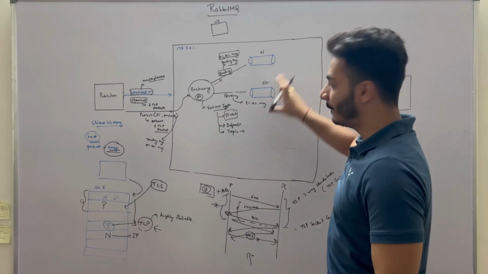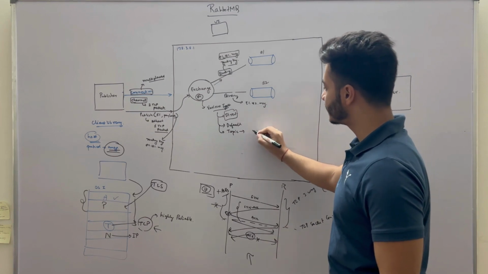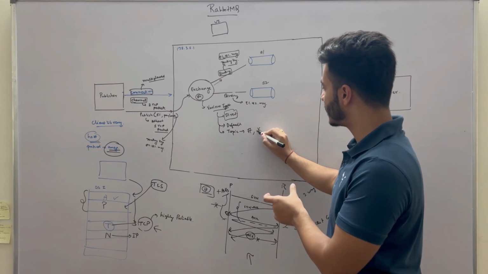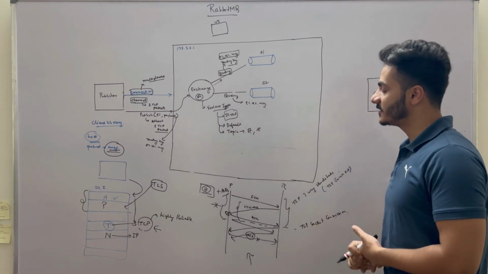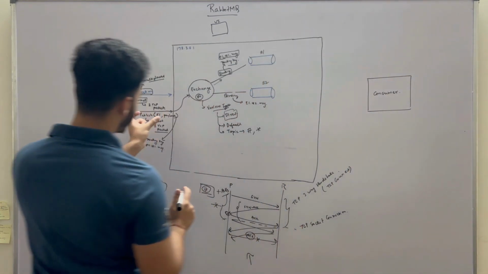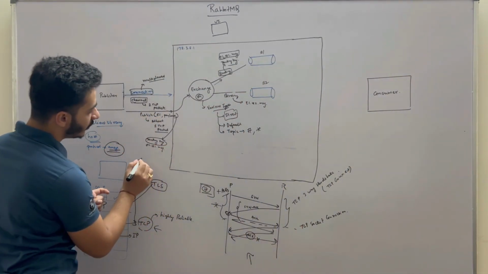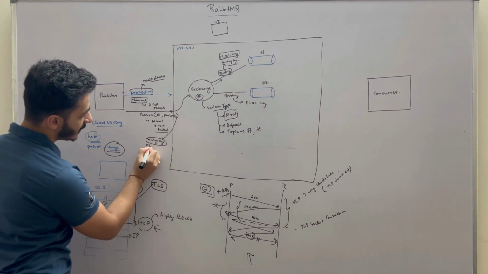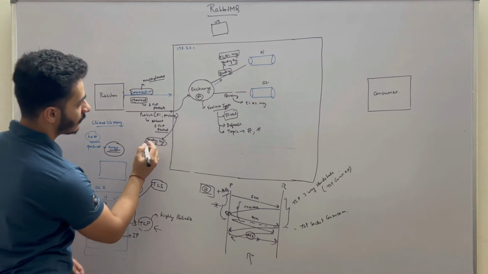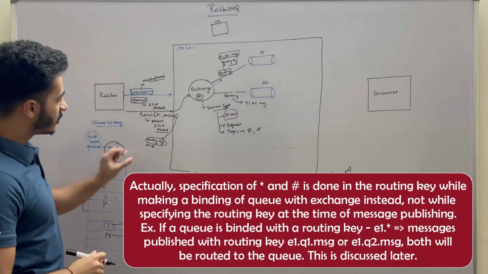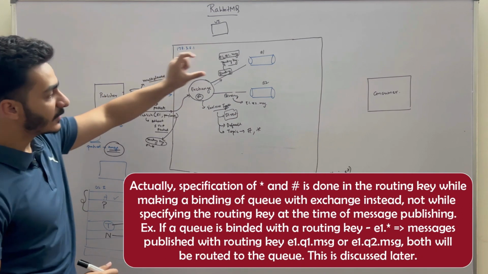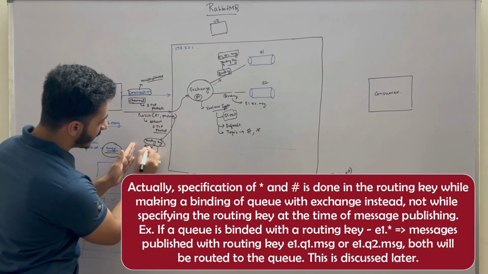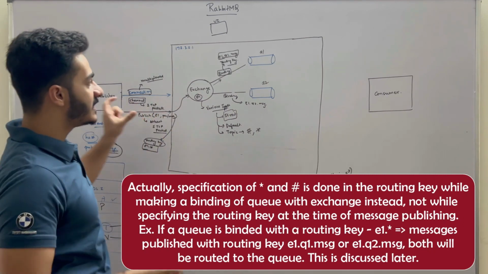So this can happen over this topic exchange because it has the functionality of hash and star. So now what will happen is, suppose when you are publishing the message, inside this routing key, instead of providing the exact name of routing key, you can specify here star. So all the queues which are bound with this exchange with routing keys similar to this regex expression, all these queues will receive that message.